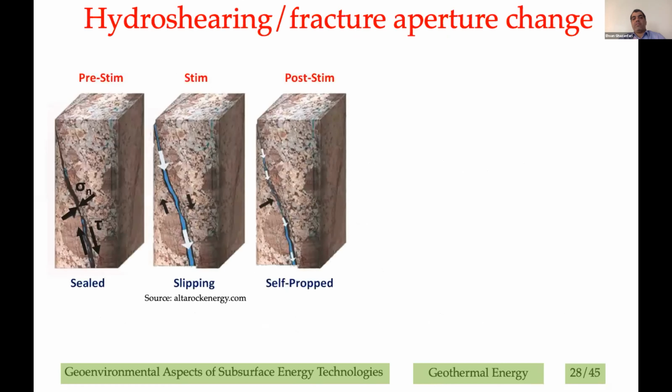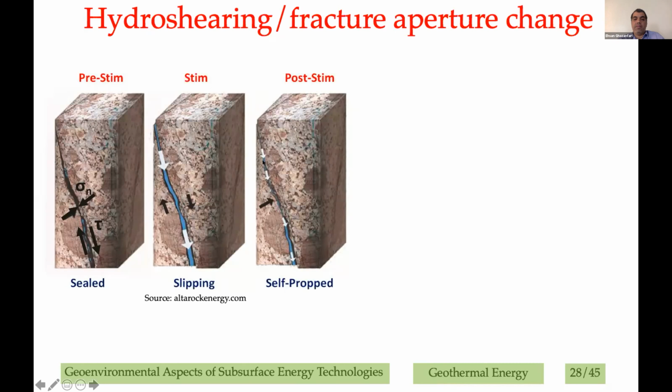As I mentioned, the process of creating fractures is a little bit different from shale. Here on the schematic, you can see the naturally existing fractures under the existing stresses. Typically water is injected at relatively high pressure to open up those existing natural fractures.